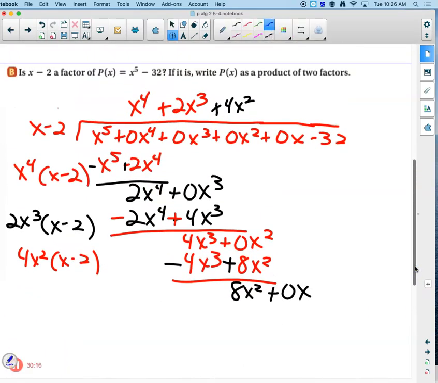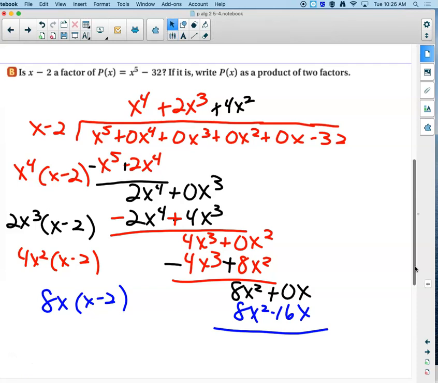Alrighty, back over here again. What do we need now to make a match? 8x. So 8x squared minus 16x. Same thing, we'll change all the signs, and when we do that, we see, oh, excellent, it worked.